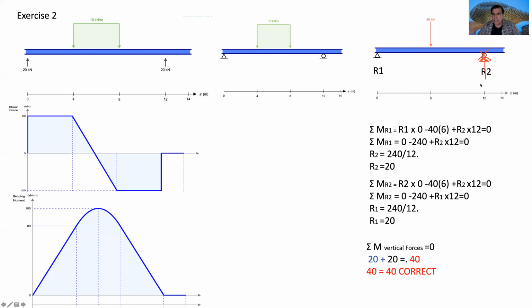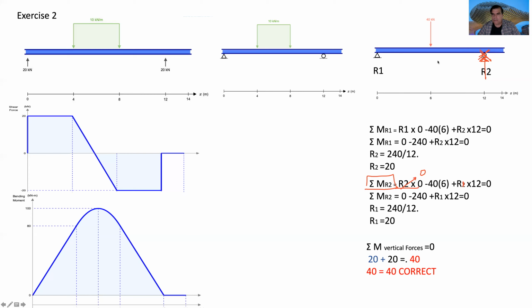And we start calculating the summatory of moments in R2. The summatory of moments is every force multiplied by the distance from the place where I am. And I like to put an X there so I don't forget that we are there. Well, R2 multiplied by 0, because we're in the same place, R2 disappears. That is wonderful, because now we can calculate R1. This is R1 here, I apologize.